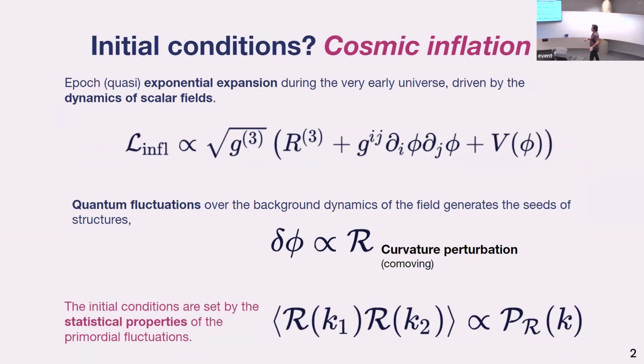Cosmic inflation is an epoch of exponential expansion during the early universe, driven by the dynamics of some scalar field. The idea is that fluctuations of these quantum fields become classical, and this is a way to generate the initial conditions of the universe, described by curvature perturbations.